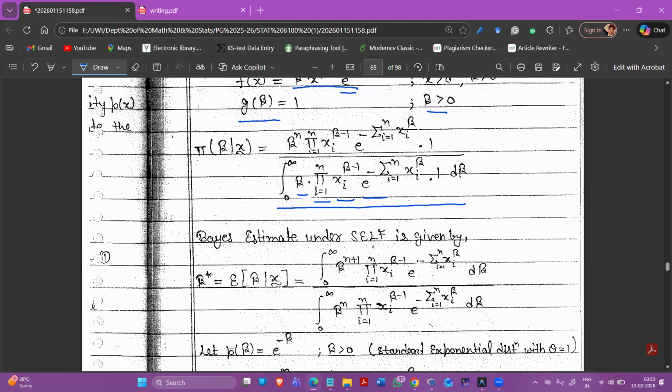This is the constant term after integrating with respect to beta, so it will come out of the integral, and only the numerator part will remain, right? Correct or not? In that one, you need to multiply by beta and then the remaining portion of the posterior density, and integrate again with respect to beta. That you need to do.